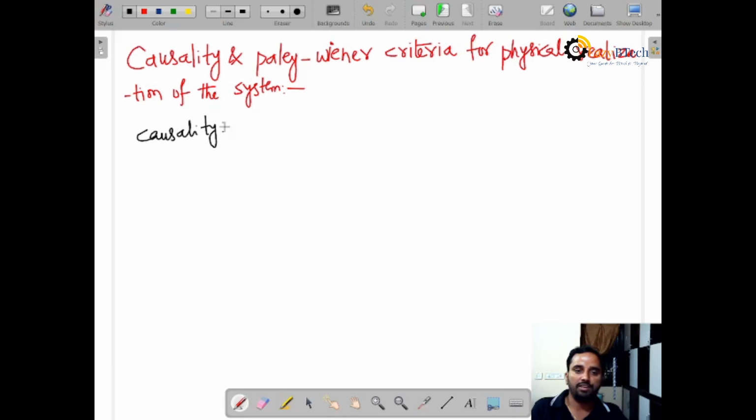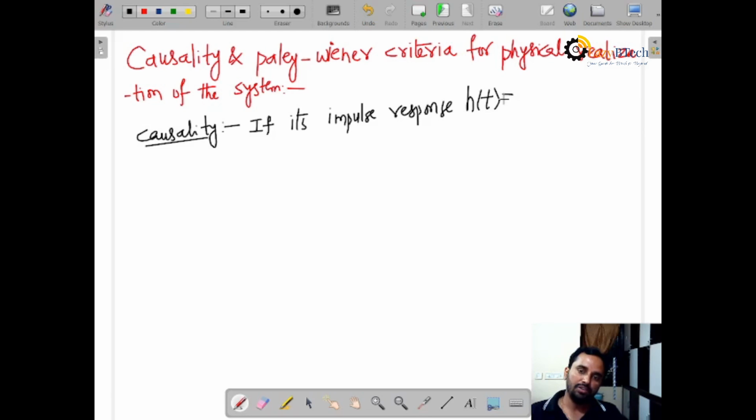This point we already discussed. A system is said to be causal if its impulse response h of t is 0 for t less than 0. So this is the simple condition: h of t is 0 for t less than 0.